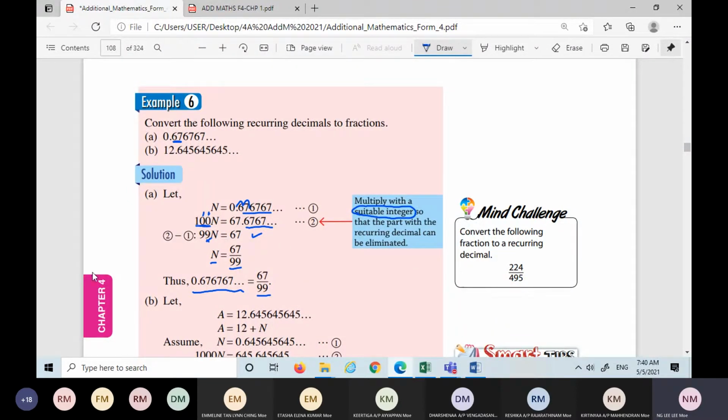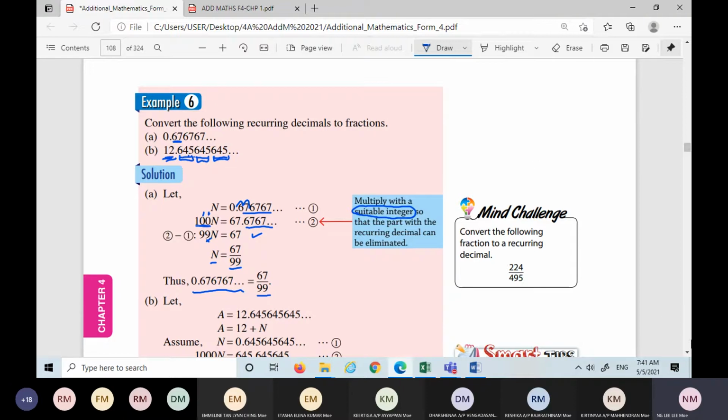We look at another example, the second example. You have 12.645645. This 12 is there to disturb you only. The part repeating is 645, 645, and 645. So here 3 digits are repeating, therefore you have to times with 1000.